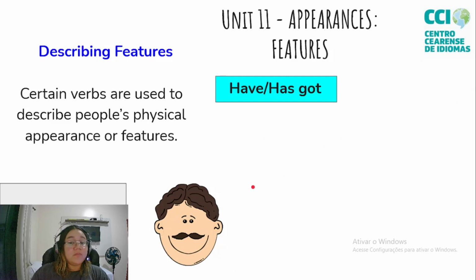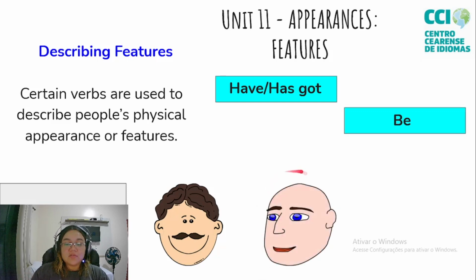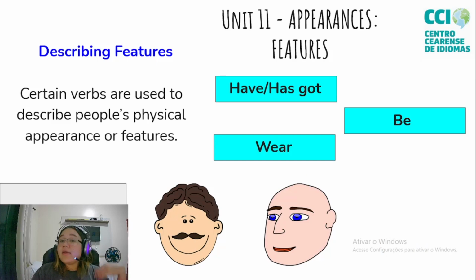The other verb we can use is be, the verb to be. So he has no hair, right? So we would say he is bald. It's his characteristic. He is bald. It's the verb be. And lastly, we have wear. We can be wearing something.